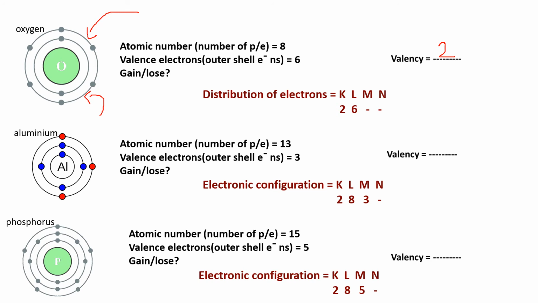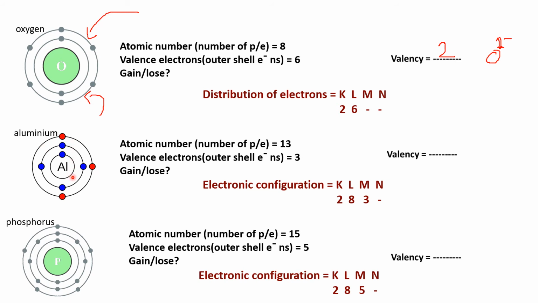So the oxygen is also an ion, and we can write it like that, O2 minus. That you will study in 10th standard also. I'll just tell this. Okay, then next example.